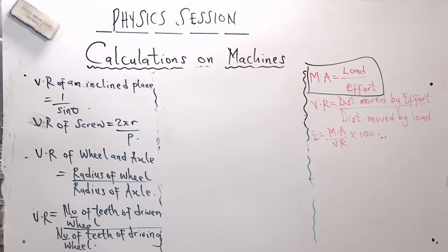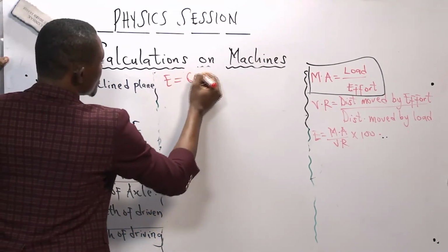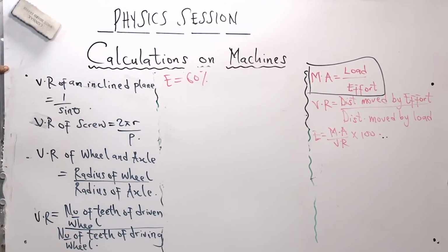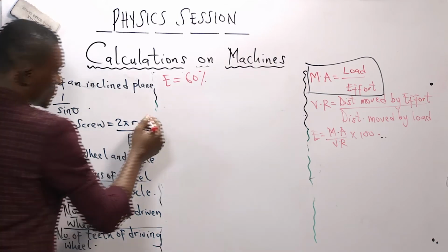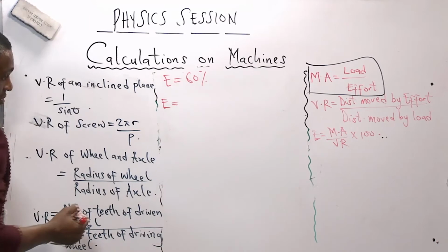So moving back to that question, we were told that the efficiency of a machine is 60%. Find in joules the work done by a student using the machine to raise a load of 150 kg through a vertical distance of 2.5 meters. So our efficiency will be defined by what?